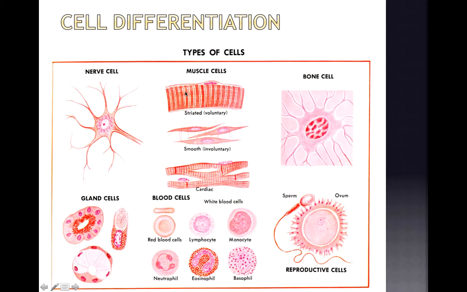The muscle cells also are very different. They have the proteins inside them that make the muscle tissue that can contract and release. The striated muscle cells are for voluntary movement, that is the movement that we control, and the smooth muscle cells are for involuntary movement.